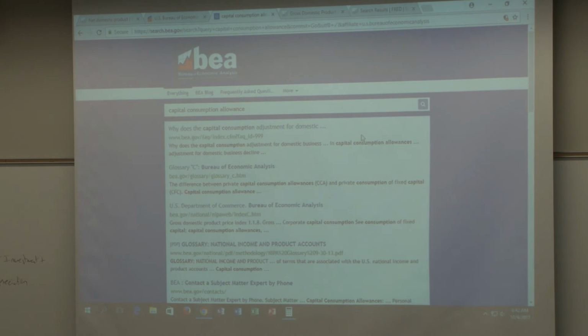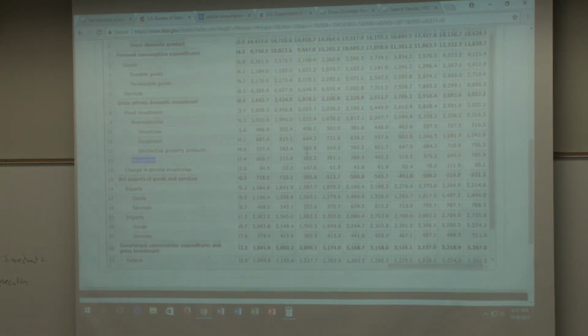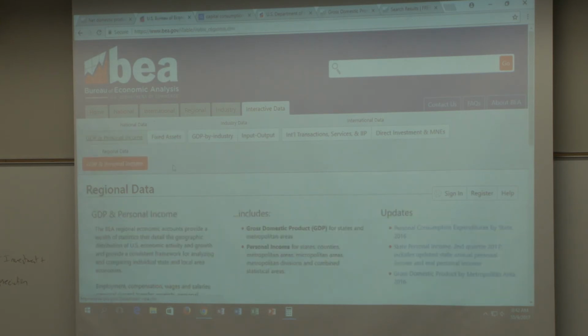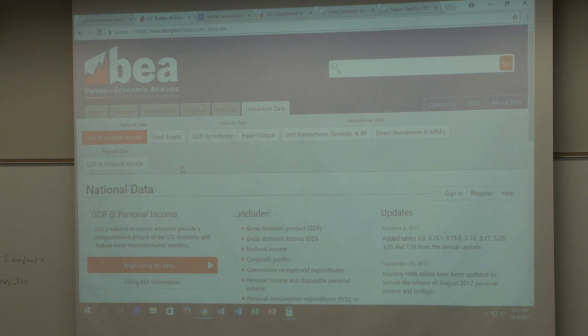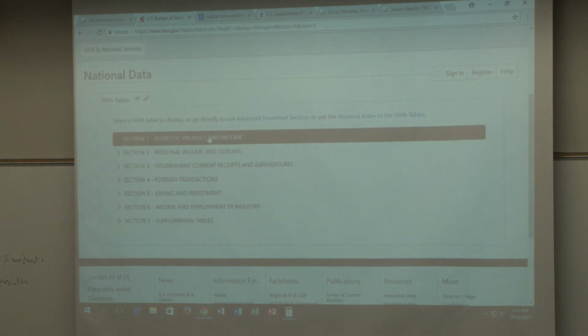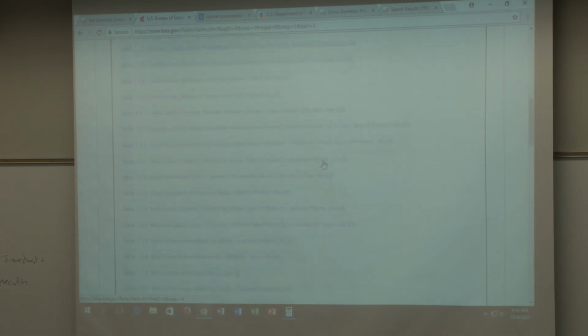I don't want the glossary, I want the data. Let's see what that gives us. That's not what I want. Let's come back to this guy. That's not what I want. I want this. No, thank you. Let's see if I can find it on here.